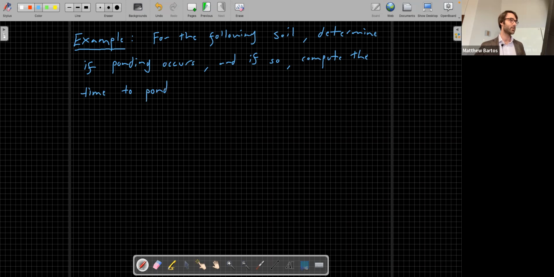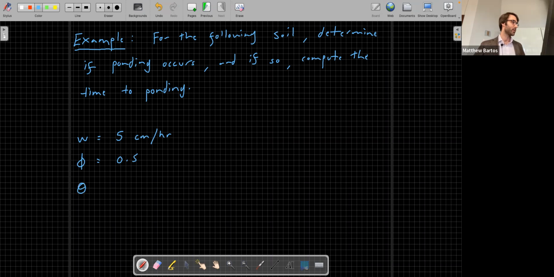Okay, so we have the following soil parameters. Let's say that our rainfall rate W is equal to 5 centimeters per hour. Our porosity is 0.5.